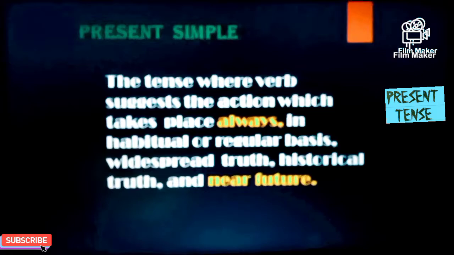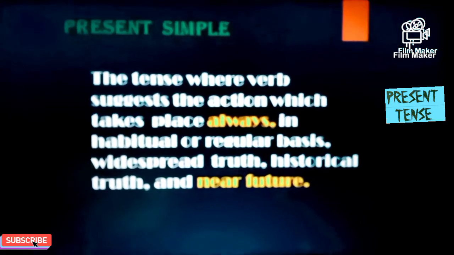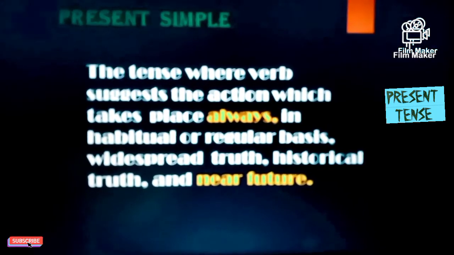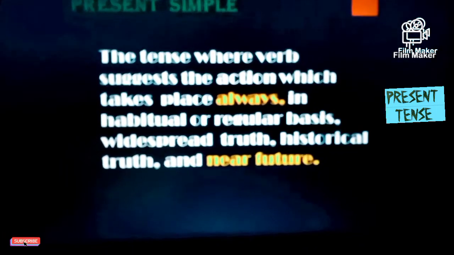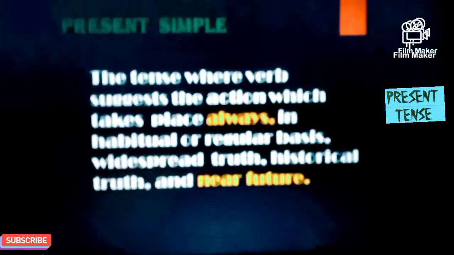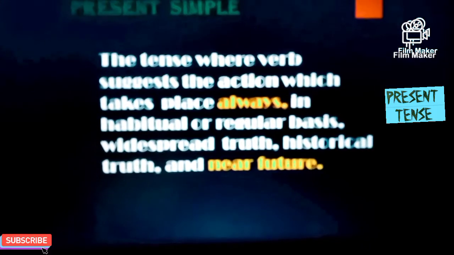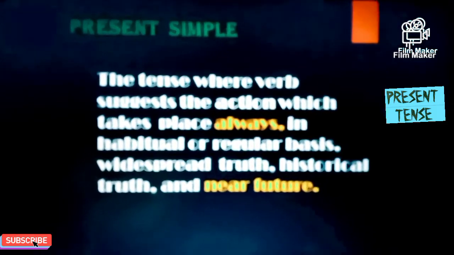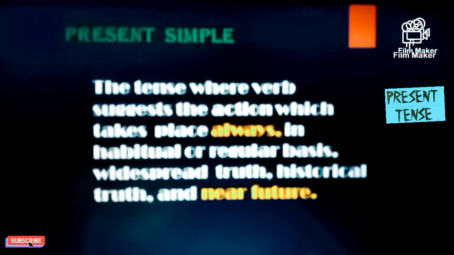It is basically used for showing the time of an action that takes place always or on a regular basis, that is habitual or regular actions, widespread truths like factual truths, scientific truths, universal truths or historical truths, and near future, meaning things that are about to take place in the near future can be expressed using simple present tense.